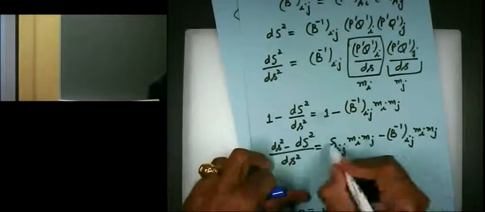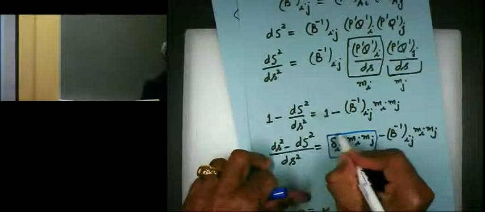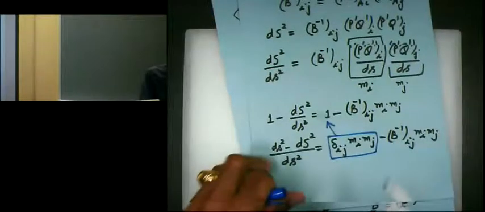The first term is mi mi, like m1 square plus m2 square plus m3 square. That is 1 because m is a unit vector. Actually, we did the same thing last week also.